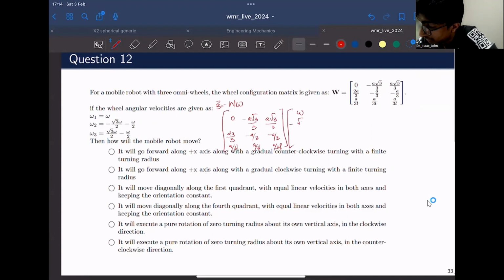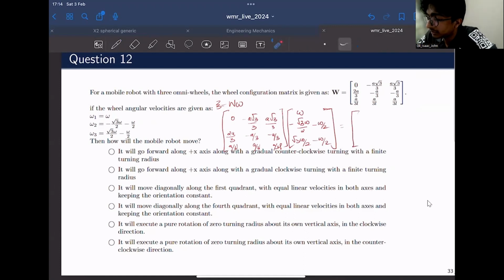Second entry would be minus 3 omega by 2, minus omega by 2. Third entry would be root 3 omega by 2, minus omega by 2. So if you multiply this out, you will get the zeta vector. And based on the zeta vector, you can determine how the robot moves.